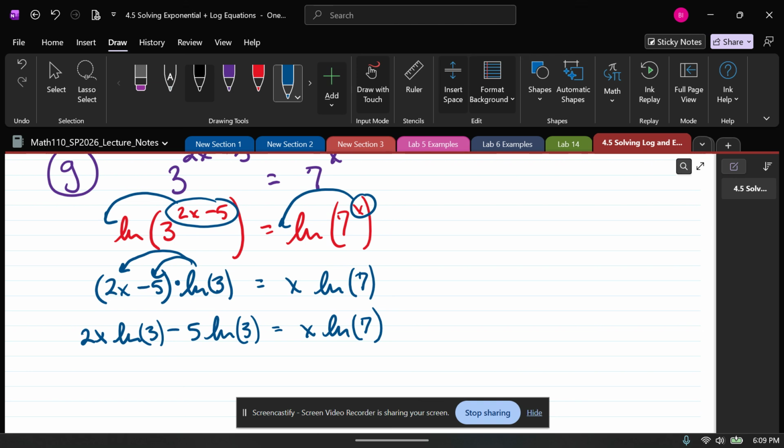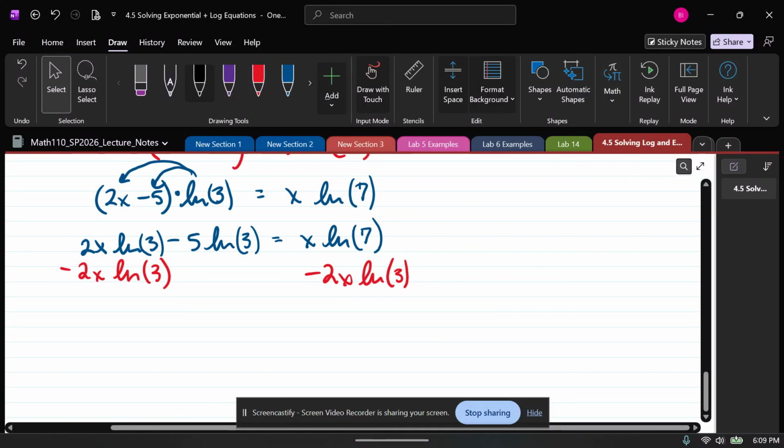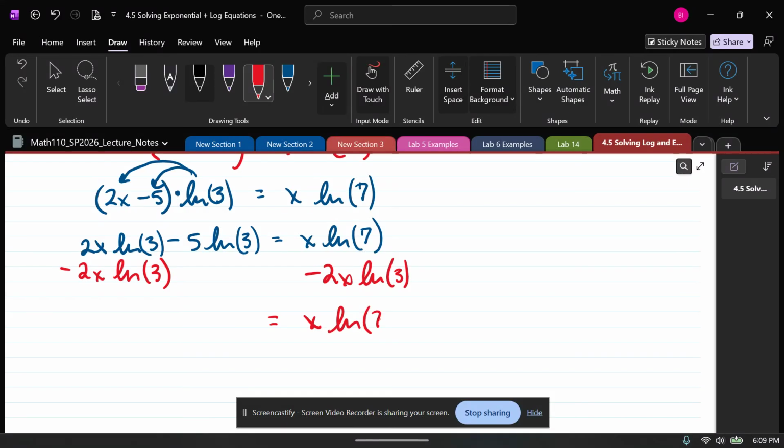Just like I did on the last problem, I moved that x thing over there. But on this one, I'm subtracting 2x natural log of 3. I can't just stick them together and reduce that down. It's going to be that expression, x natural log of 7 minus 2x natural log of 3.